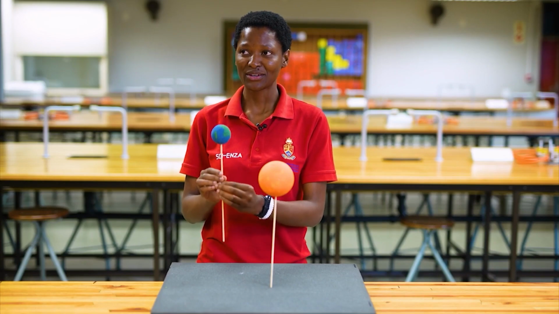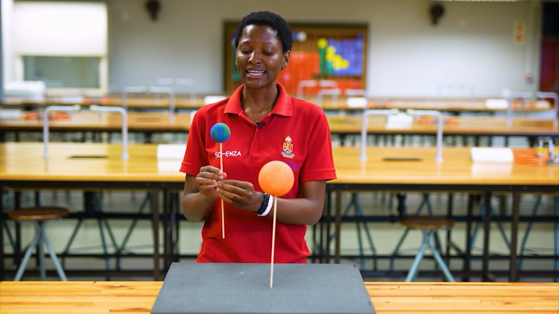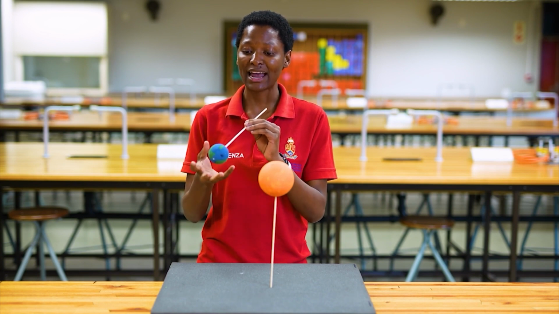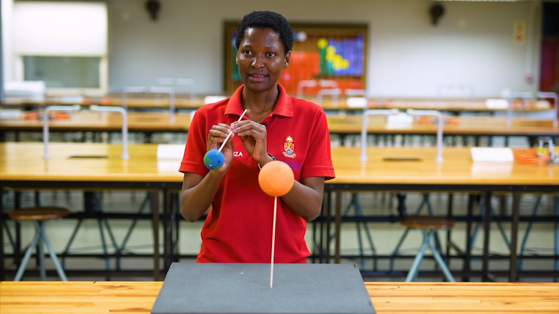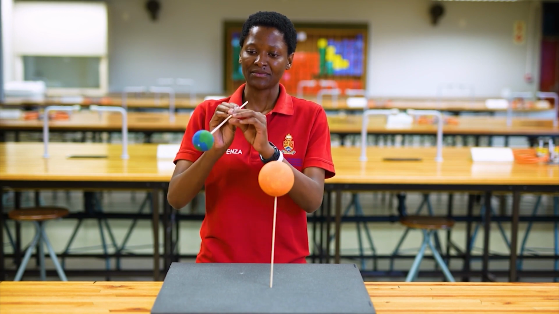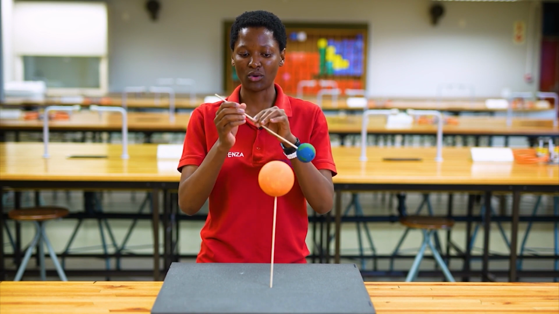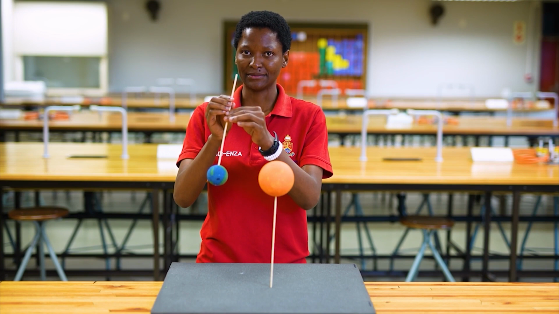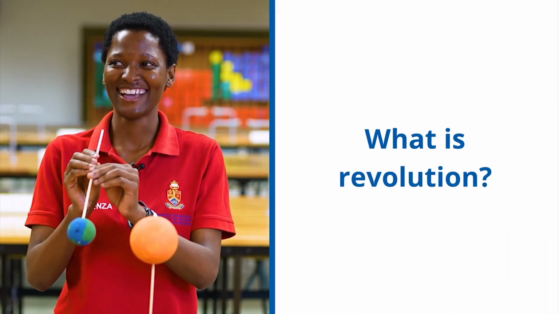When the Earth rotates around the sun, meanwhile it rotates around its own axis. So it will do it like this for the whole 365.25 days up until it completes one cycle. Okay, let us talk about revolution.